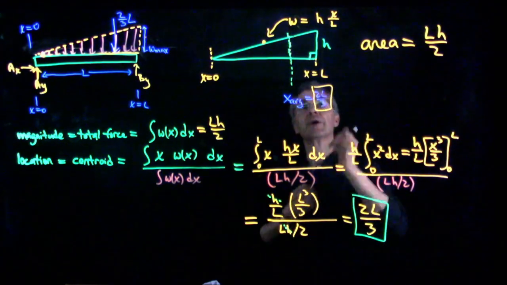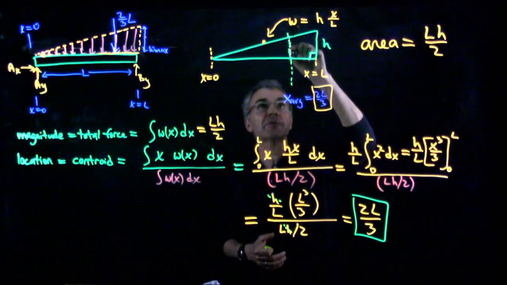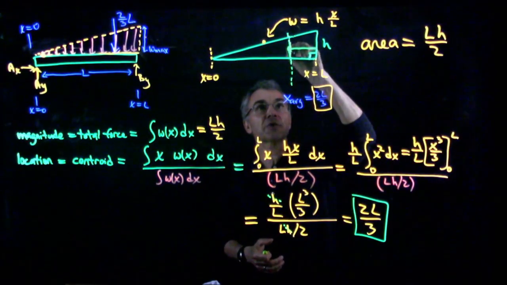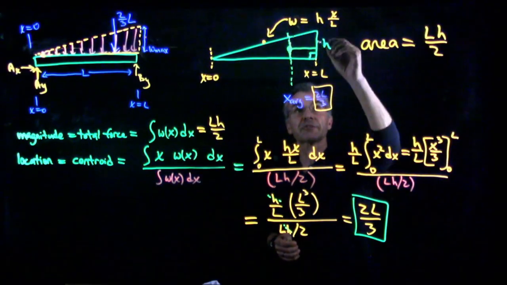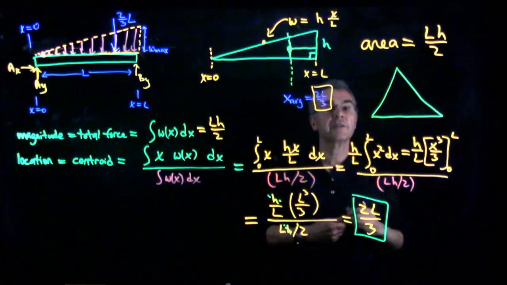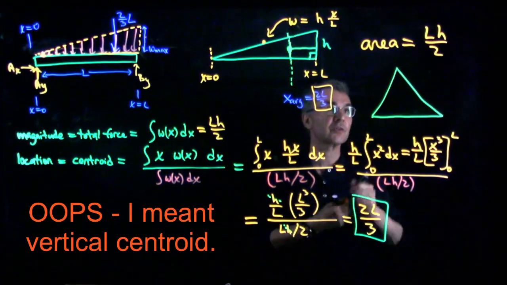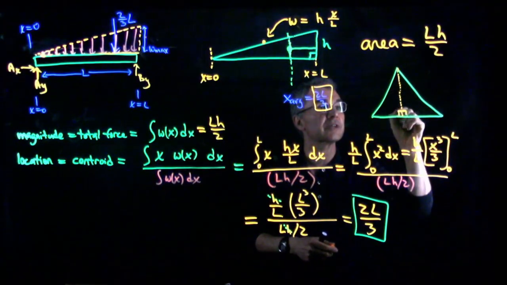So in fact, if you have a right triangle, we could have applied the same argument to the triangle rotated 90 degrees. So if you have a right triangle, then the centroid in 2 dimensions will be 1/3 of the way up and 1/3 of the way to the left of the part that makes a right angle. And then if you have a triangle like this, if you want to find its horizontal centroid, for example, which will be useful in a moment, then we could consider it to be like these 2 right triangles.